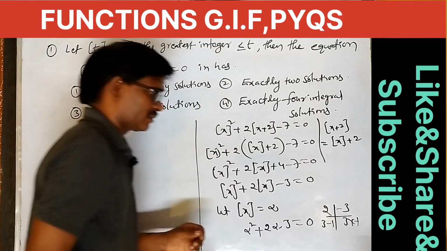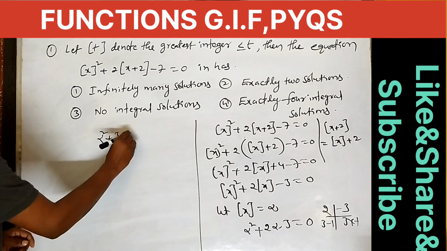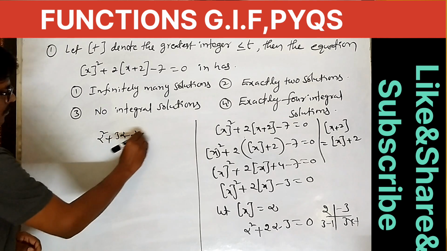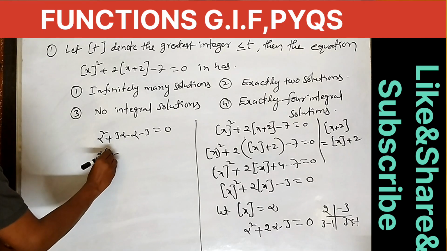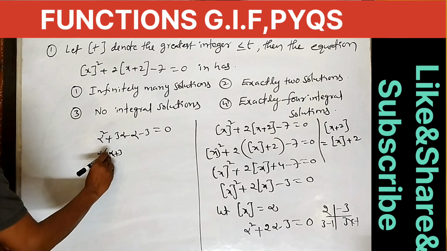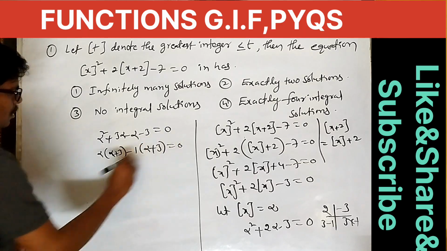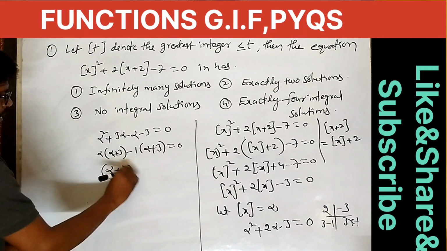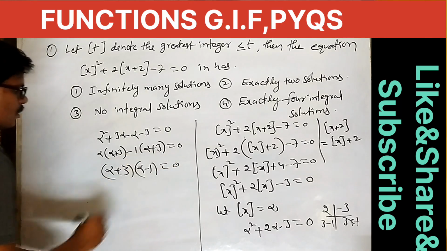Plus 2 alpha is equal to 3 alpha minus alpha, minus 3 equal to 0. Okay, alpha is the common. Alpha plus 3, minus 1 is the common. Alpha plus 3 into alpha minus 1 equal to 0.